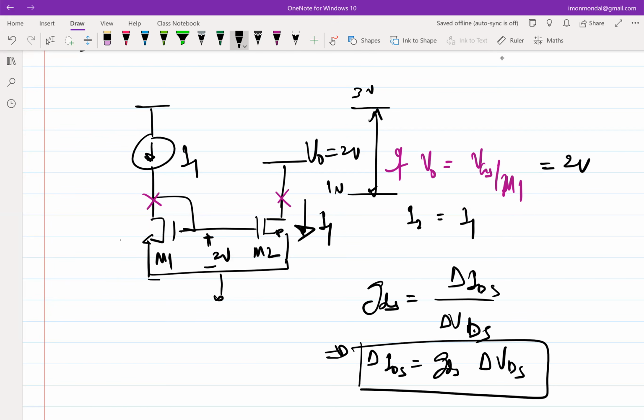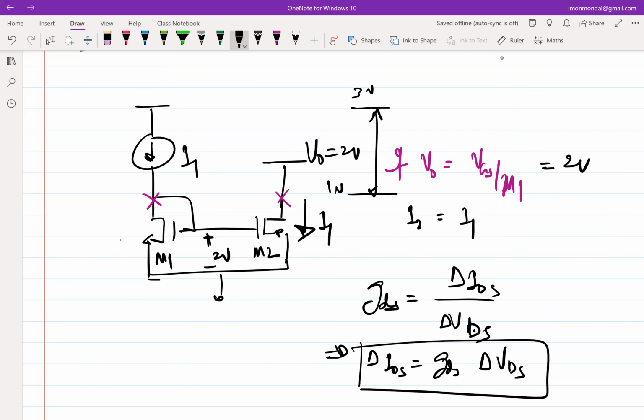So can I say that if the output changed by 1 volt, then del IDS will be GDS times 1 volt? I can say that. Similarly, if the output changes by 1 volt on the bottom side, and goes from 2 volt to 1 volt, then delta IDS will be minus GDS times 1 volt.